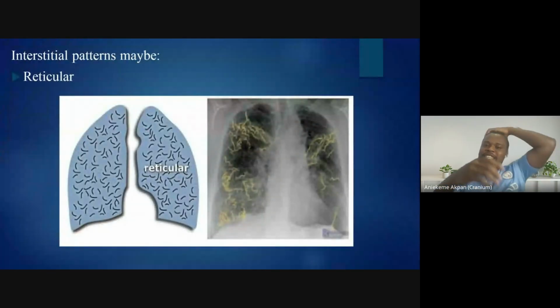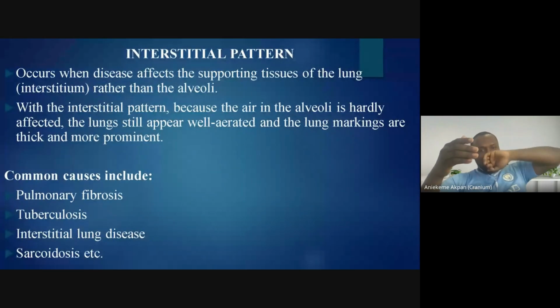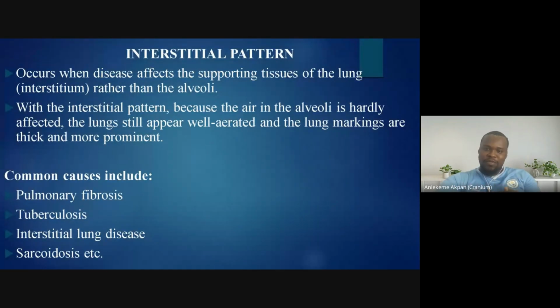But the disease pattern will be different from the alveolar pattern because you don't have gaseous exchange within the interstitium, right? So most of the diseases that affect the interstitium, which are the supporting tissues of the lungs, are mostly fibrotic diseases. You can have tuberculosis, pulmonary fibrosis, even sarcoidosis.